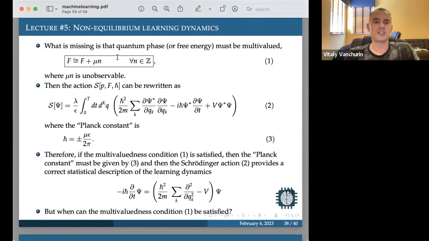If we make this shift unobservable, and mu is the shift, n is the integer, then this effective Planck constant will be proportional to mu. So the larger mu, the larger the shift, the larger the h bar, the effective Planck constant. The smaller mu, the smaller h bar. And it's also proportional to 2 pi and epsilon.